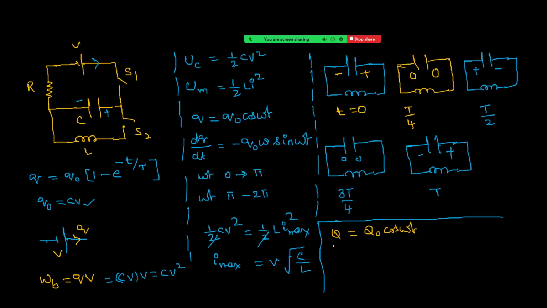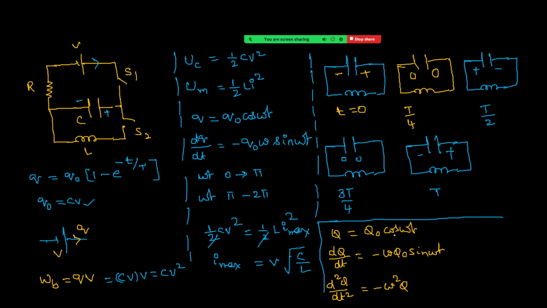dQ by dt is equal to minus omega Q naught sine omega t. Next, differentiate once again. d square Q by dt square is equal to minus omega square into Q naught cos omega t.